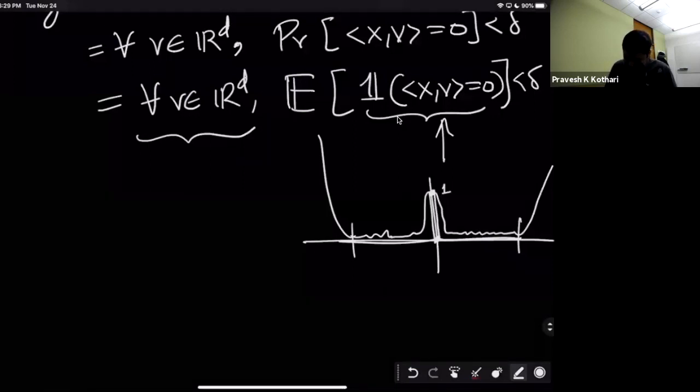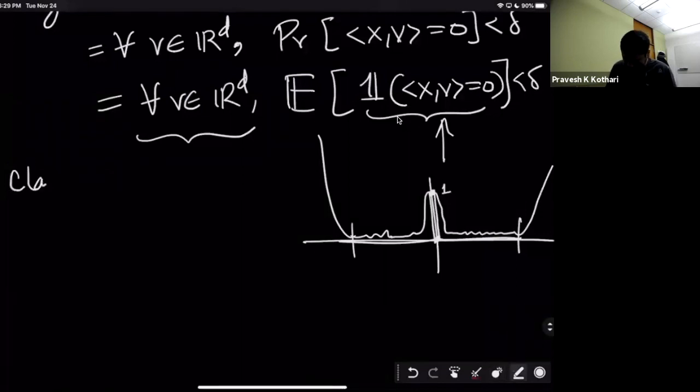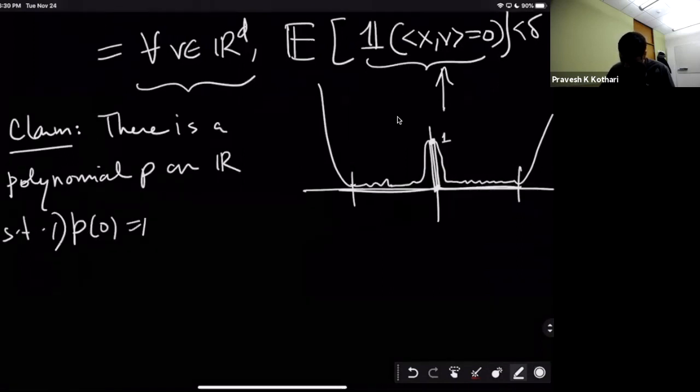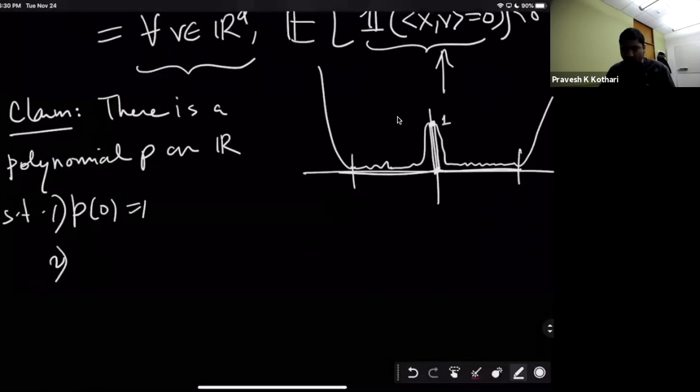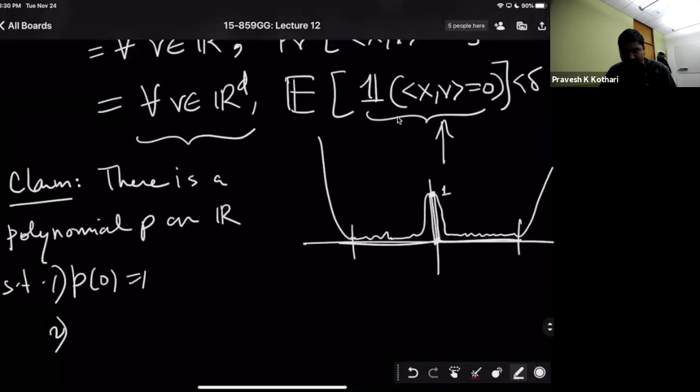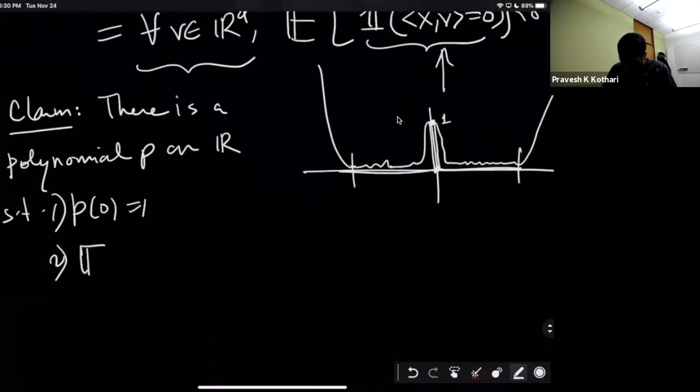Okay, so let's maybe make a claim. There is a univariate polynomial P such that P of 0 is 1. That's this property. And because I have to control the expectation of this function, that's all I care about.